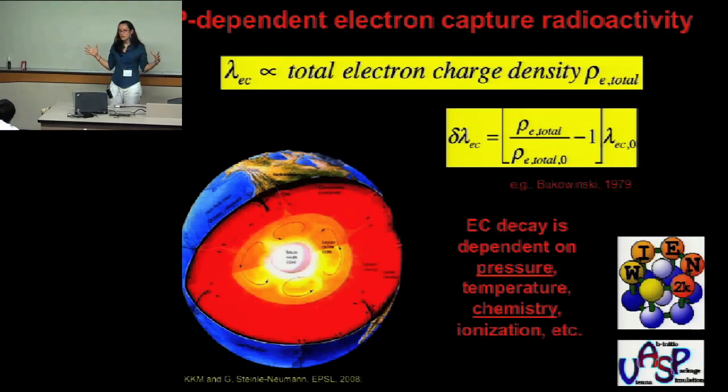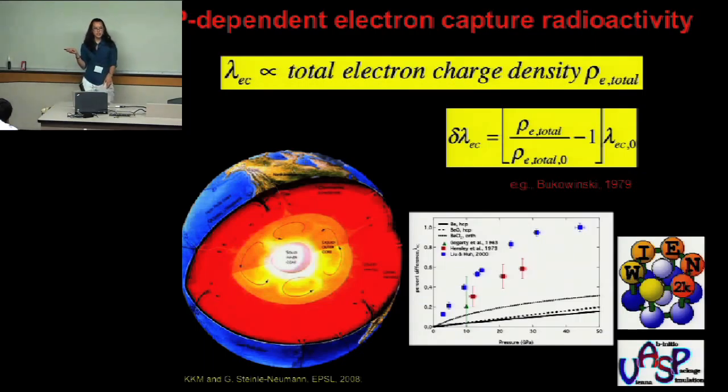If those electrons are closer to the nucleus, it makes it that much easier to capture one of them. So we can do that with pressure. That's just pushing everything closer very easily. Or we could do that with chemistry, okay? Because of the overlap in the electron orbitals between the different elements, and so forth.